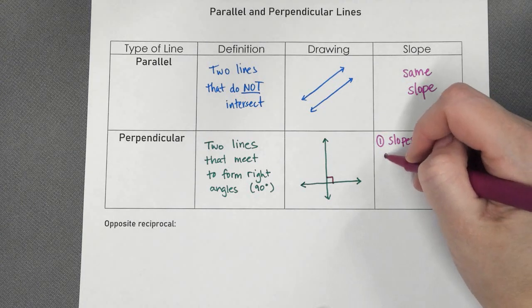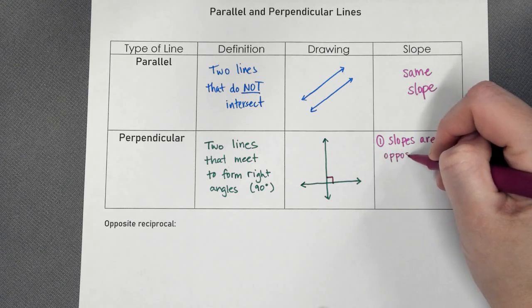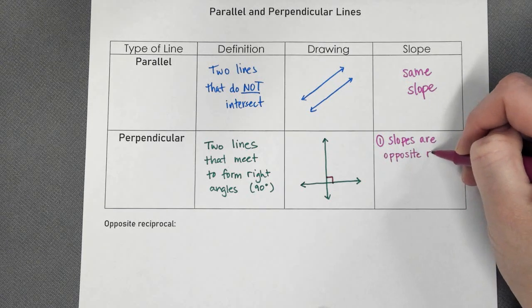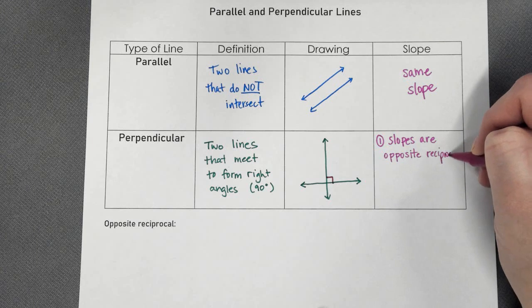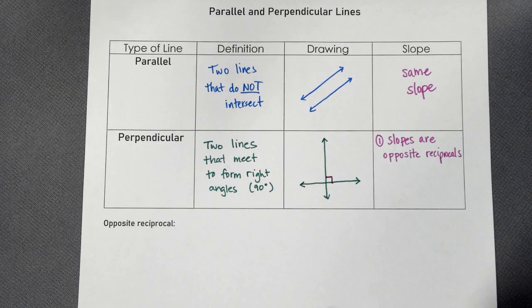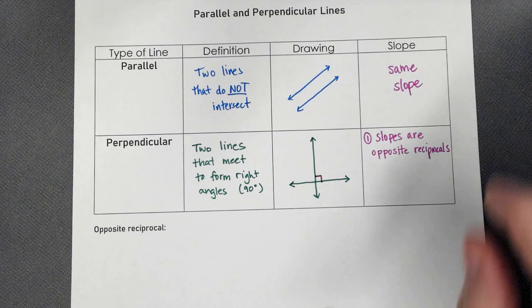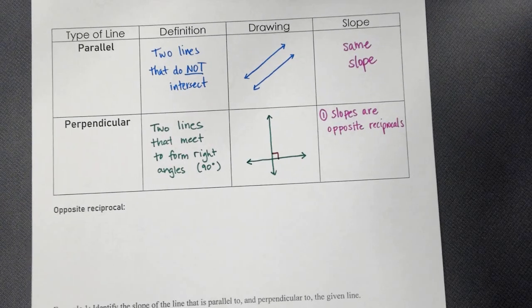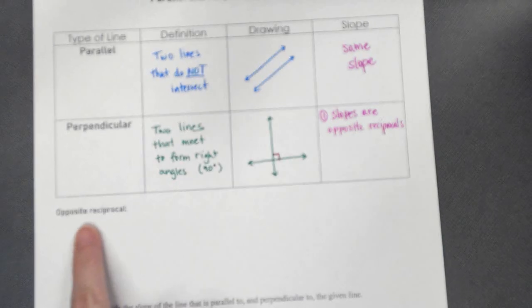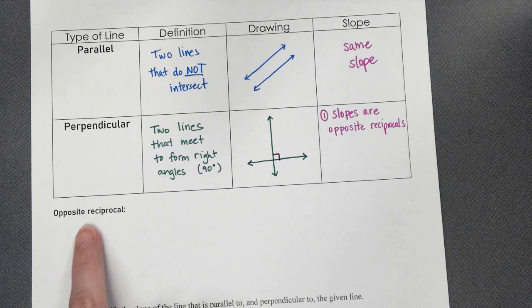So the slopes are opposite reciprocals. Opposite reciprocals. So you've heard those two terms apart. If you look down here, you can see we're going to talk about that a little bit more. So the slopes are opposite reciprocals.